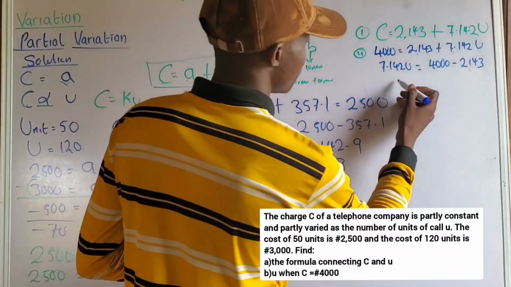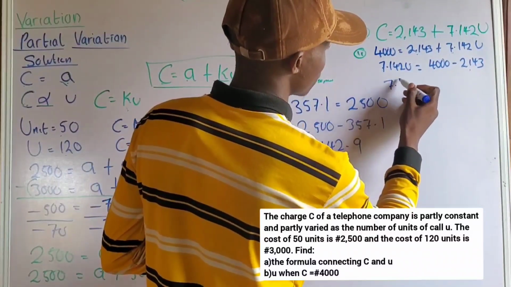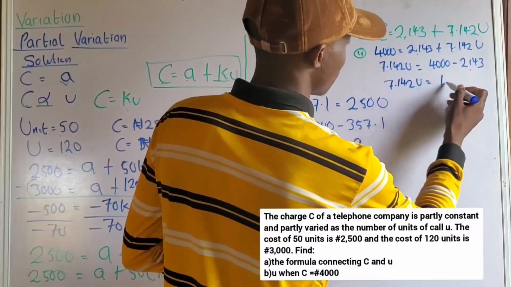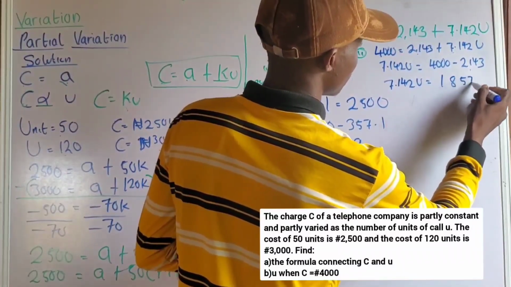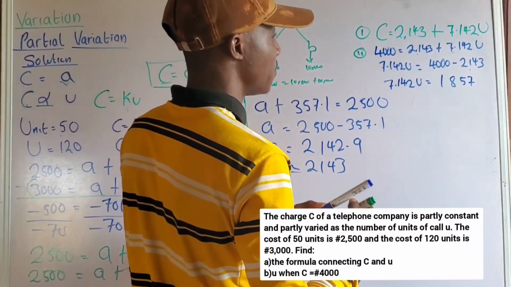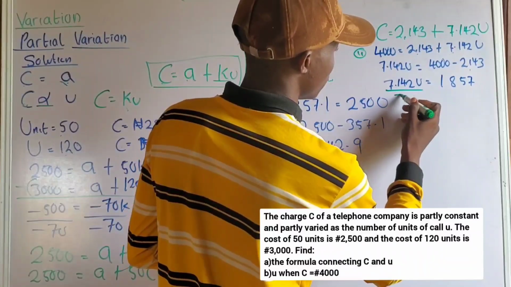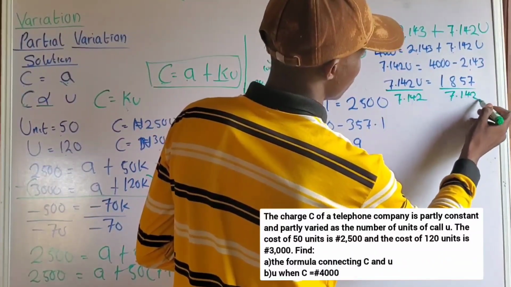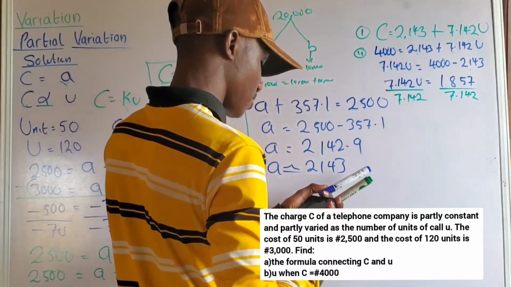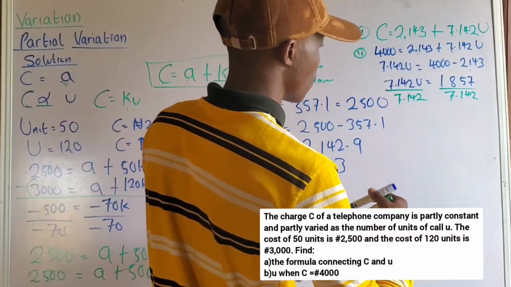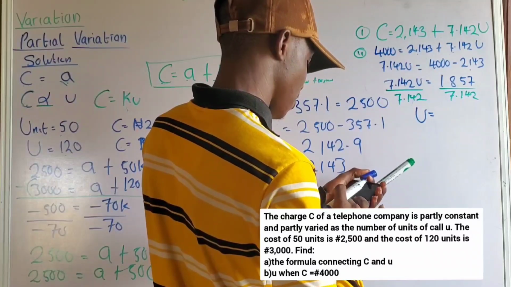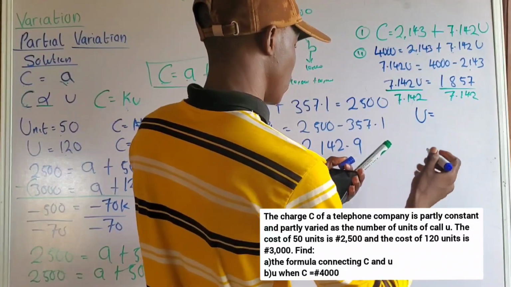So 7.142U equals 1,857. To get the value of U, divide both sides by 7.142. So U equals 1,857 over 7.142, that is 260.